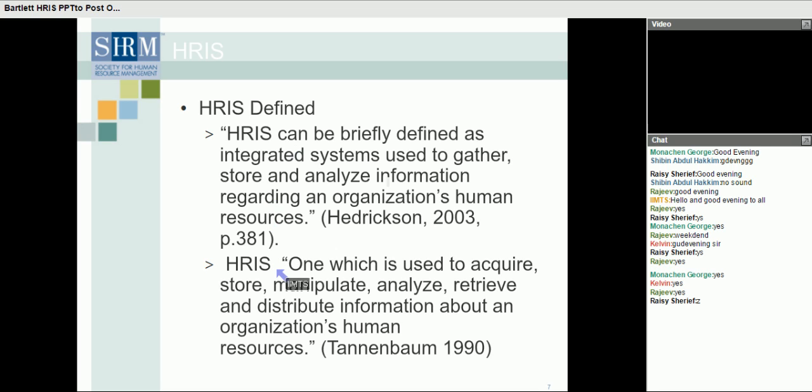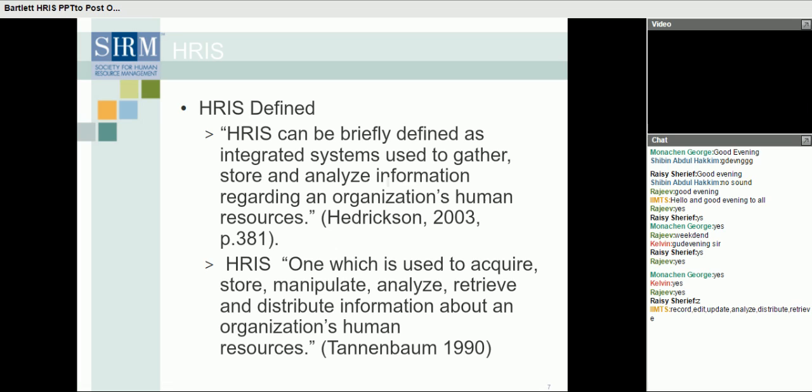It is used to acquire, store, manipulate, analyze, retrieve and distribute information about an organization's human resources. That means you can record the information, edit it, update it, analyze it, distribute it, and retrieve it.